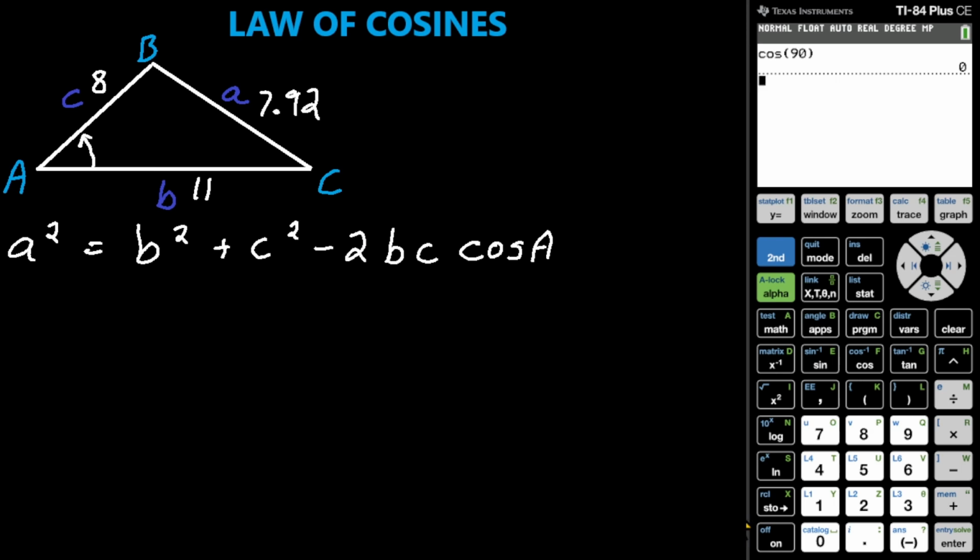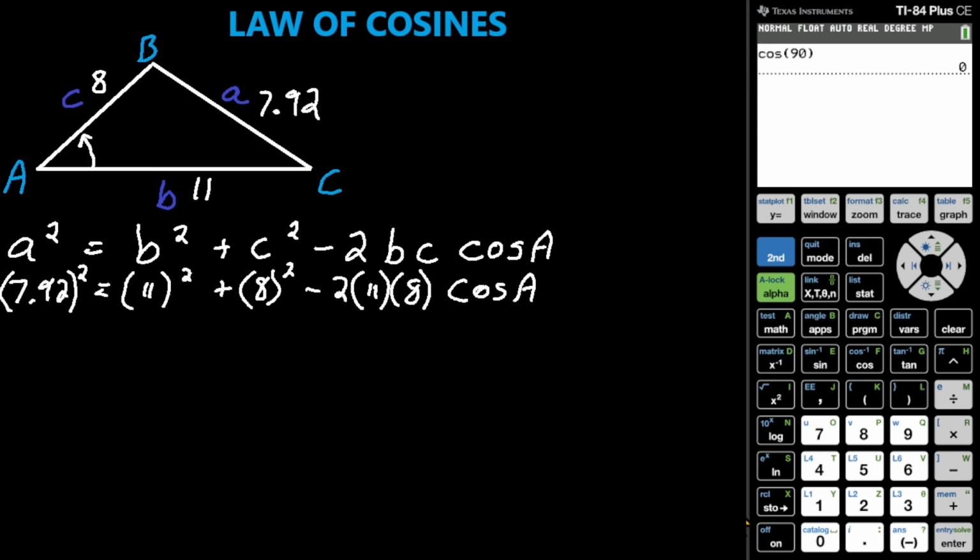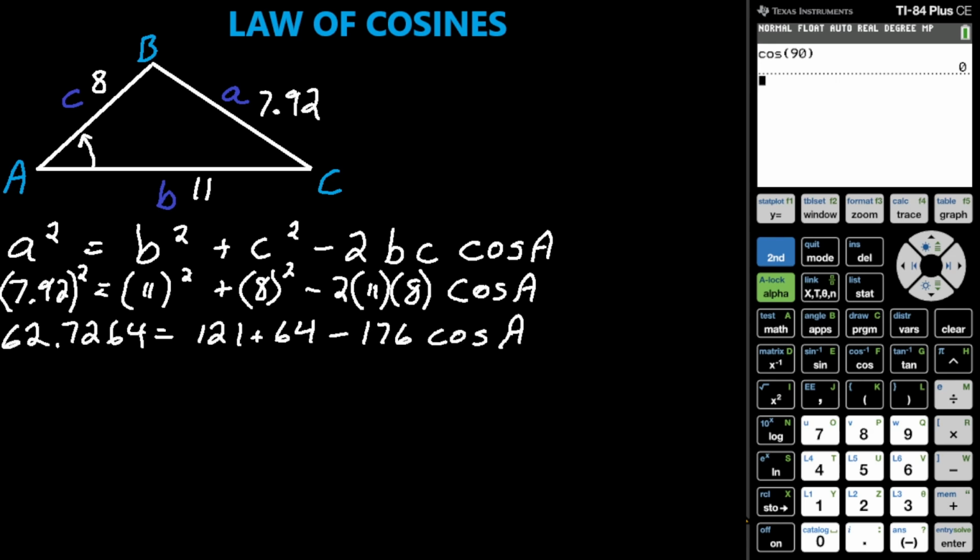So substituting in, that's 7.92 squared equals 11 squared plus 8 squared minus 2 times 11 times 8 times cosine A. So on the next line, I've squared all the terms. Now I'll simplify. 121 plus 64 is 185. I'll subtract 185 from both sides.